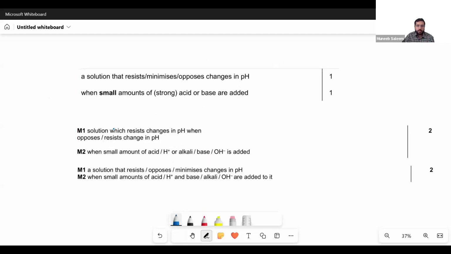Another option is a solution that resists or minimizes change in pH when a small amount of acid, H+, and base, alkali hydroxides, are added to it. So these are the multiple answers to the same question.